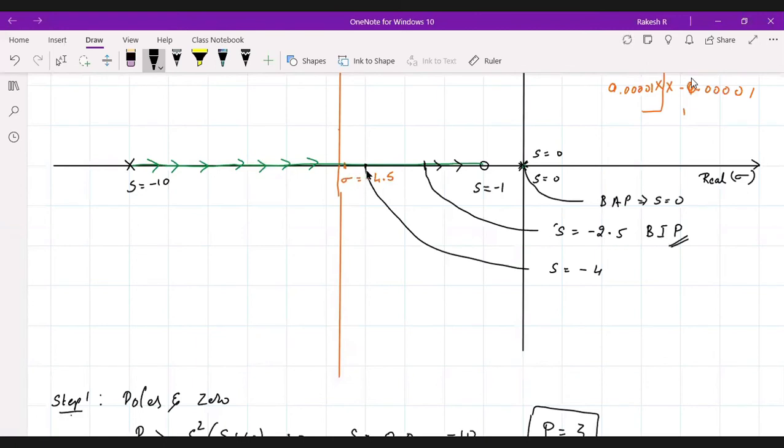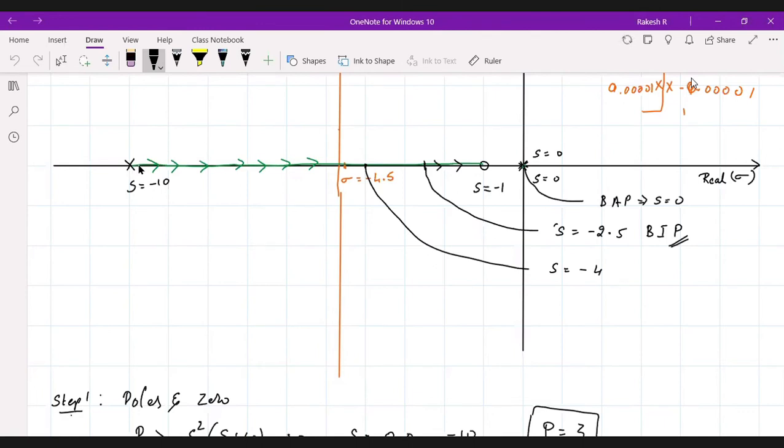Now coming on to this, S equals minus 4. See, towards right, you have a breakaway or break-in point. We don't know whether it is a breakaway or break-in point, right? So check towards left. Towards left, what we have? We have only a pole here.